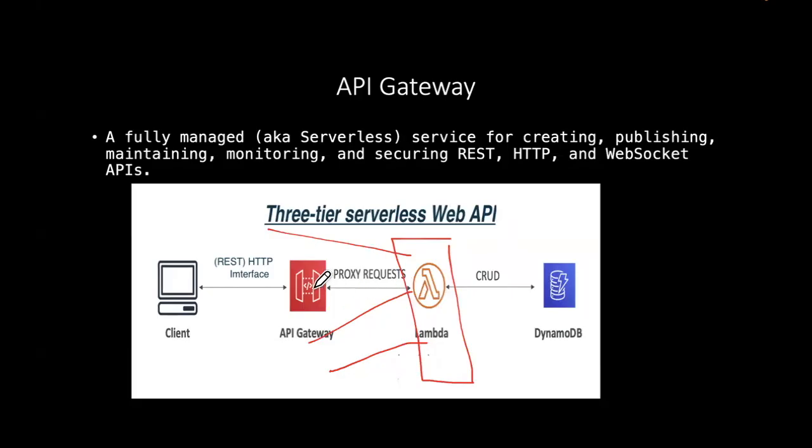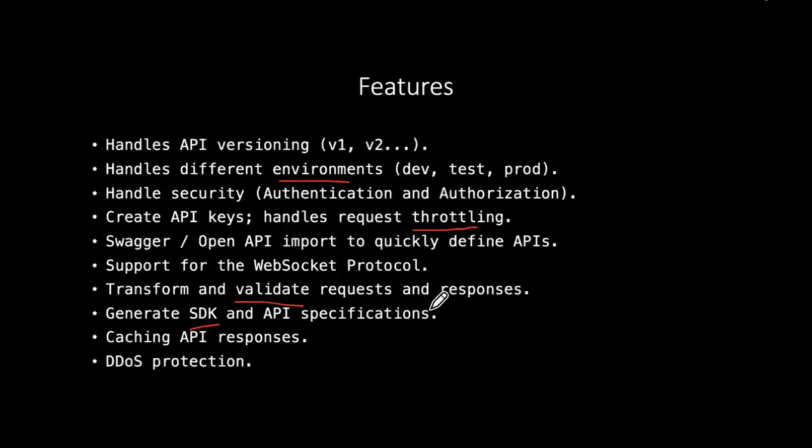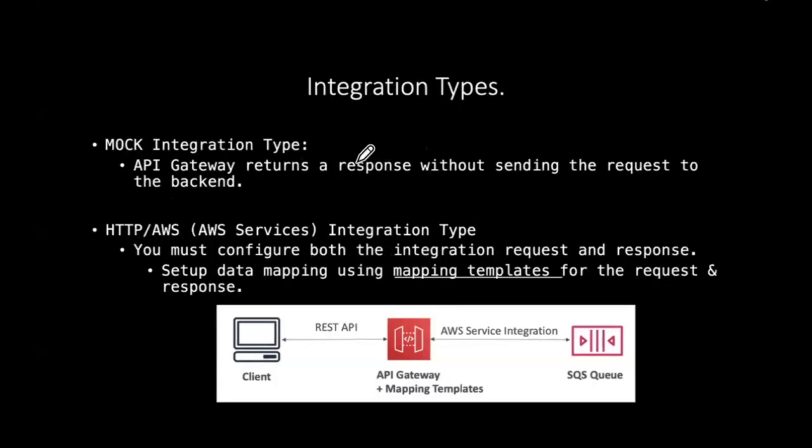And so the way you integrate API Gateway with the backend depends on the nature of the backend. Okay, and so that's what we're talking about here. We refer to that as the integration type for your web API.